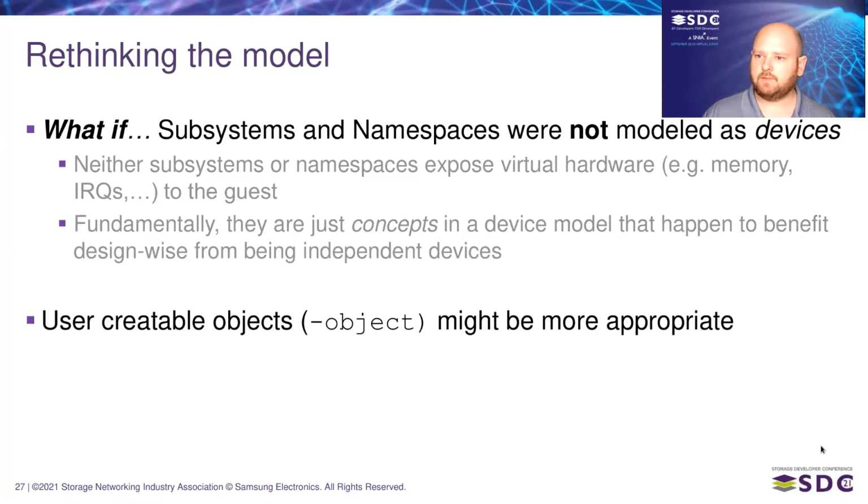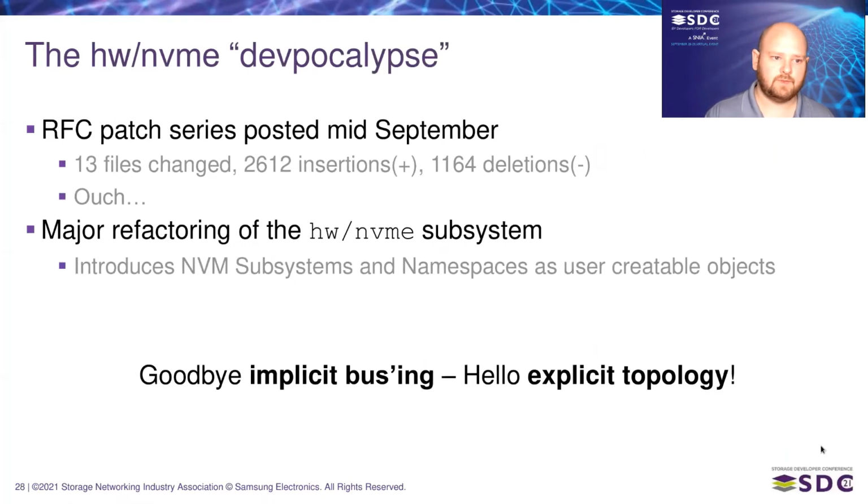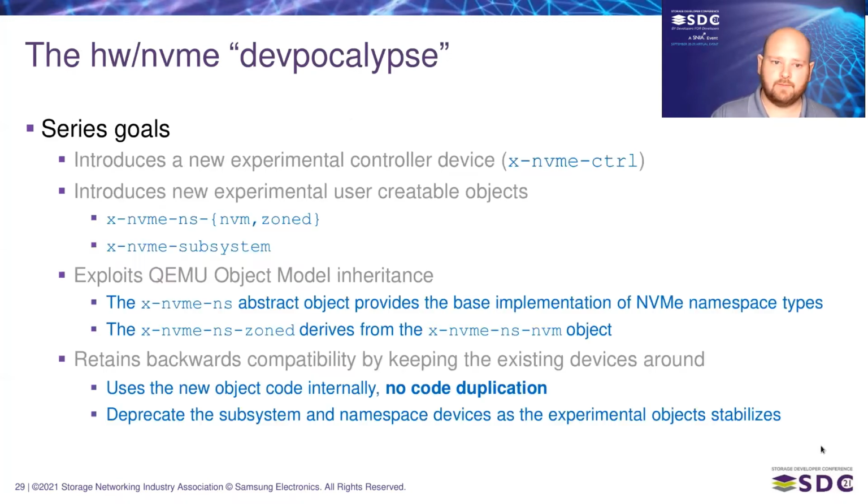Fundamentally, they're just concepts, but they happen to benefit from being individual objects or devices in QEMU. So I posted a pretty big patch for this called the Apocalypse, which is basically a big refactoring that takes the namespaces and the subsystems and changes them into user creatable objects.